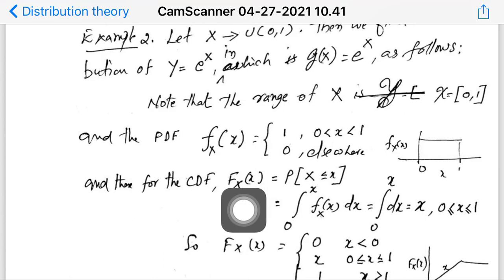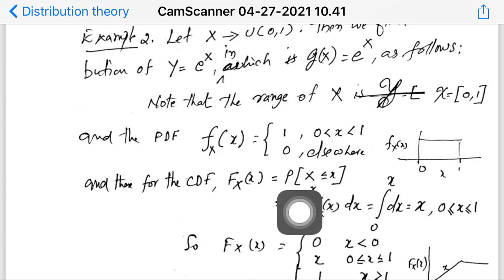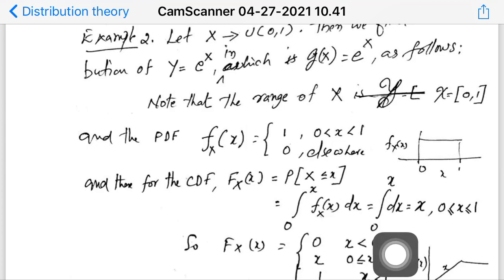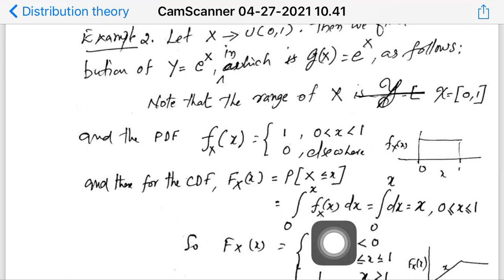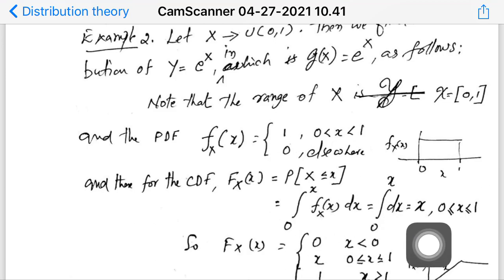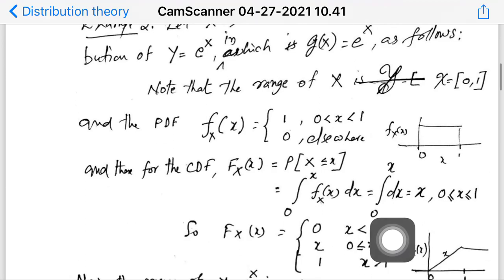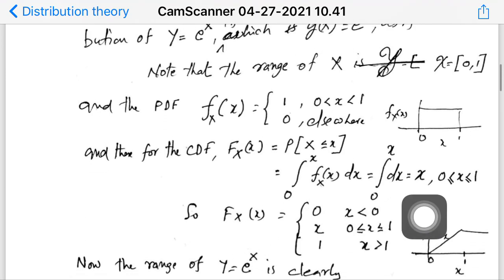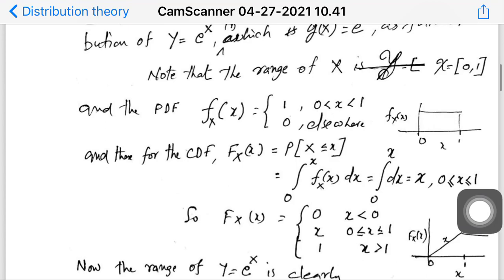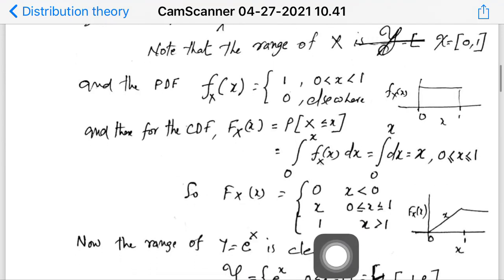And you can find the cumulative distribution function of x, which is equal to the probability that X is less than or equal to x, which is the integral from 0 to x of f(x) dx, that is the integral from 0 to x of dx, because f of x is 1, and it is equal to x in the range 0 to 1. And you know, for a cumulative distribution function, when x is less than the lower limit, F of x is 0, and when x is greater than the upper limit, F of x is equal to 1.